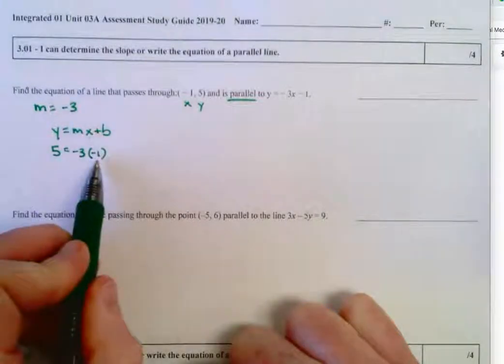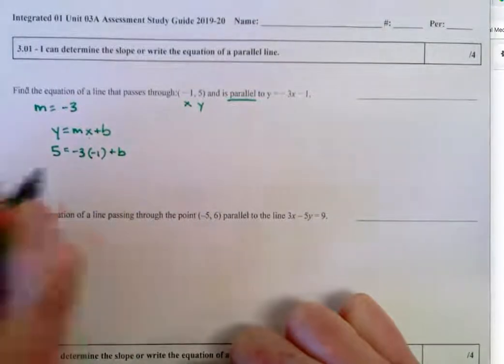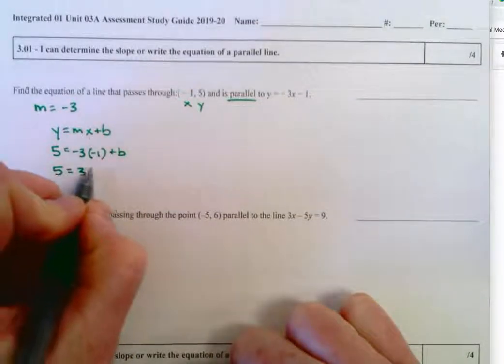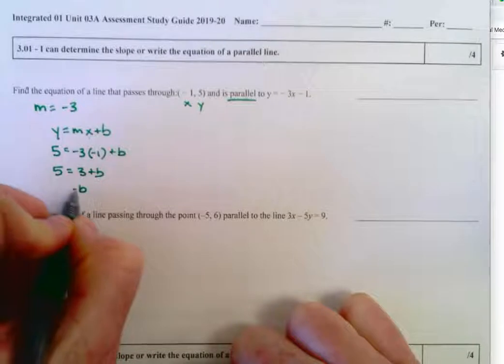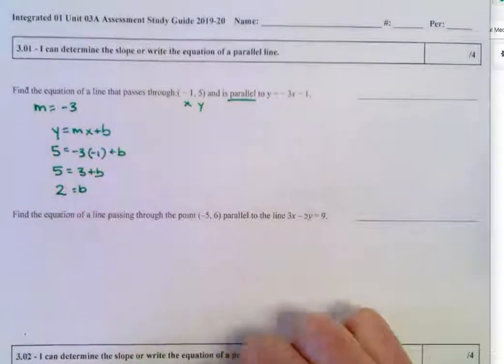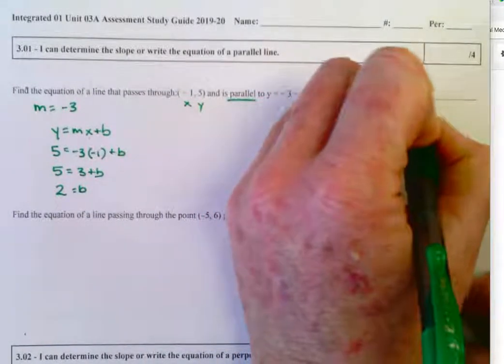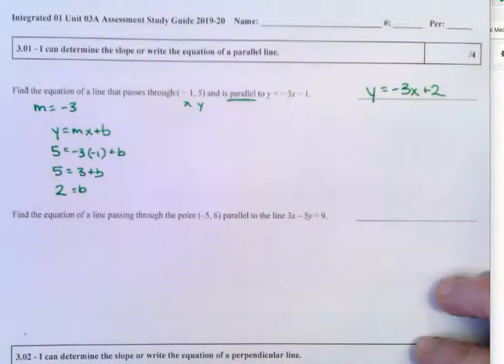Right, there's my x, there's my y, there's my slope. Find b. So b is 2. Once you know b and you have m, you have an equation.